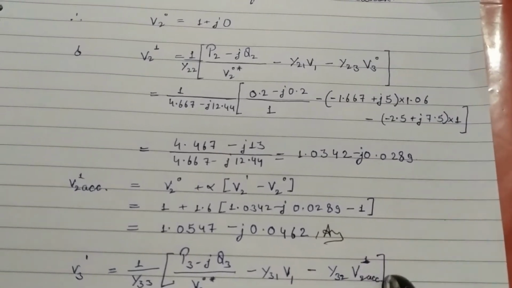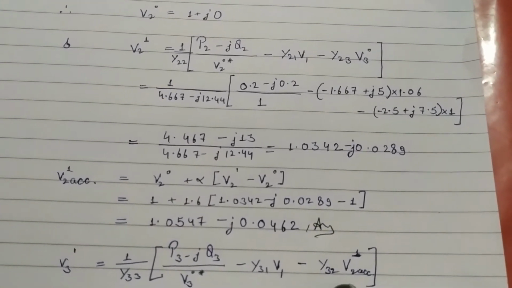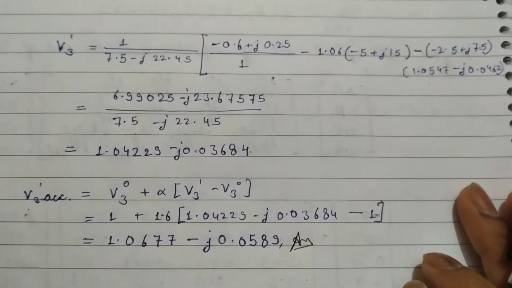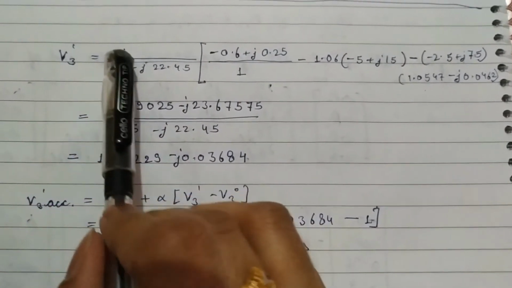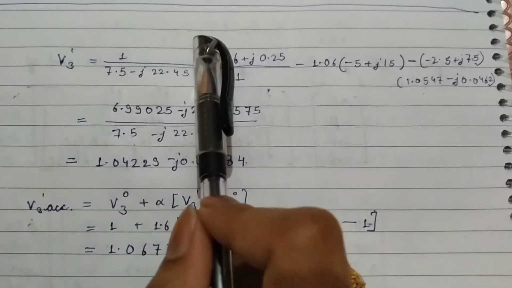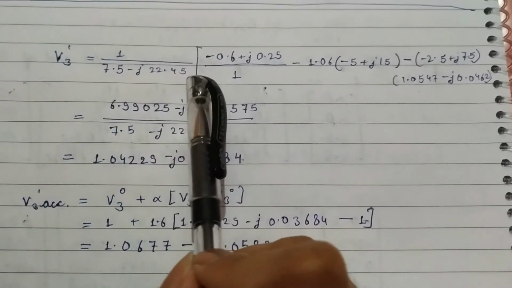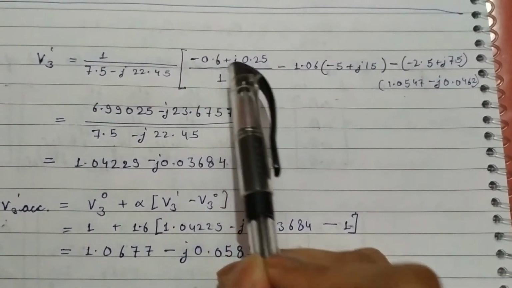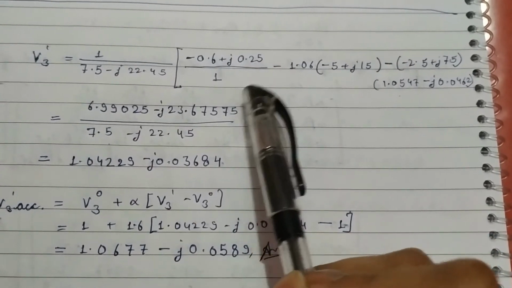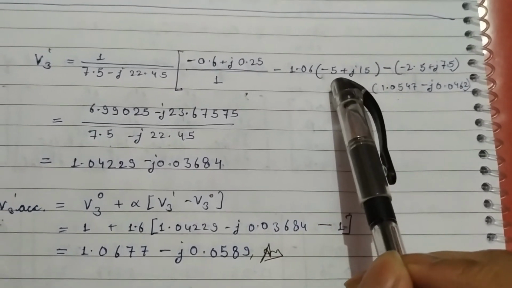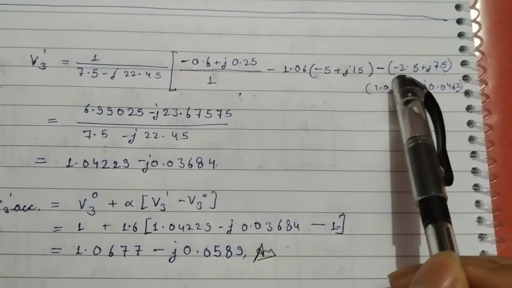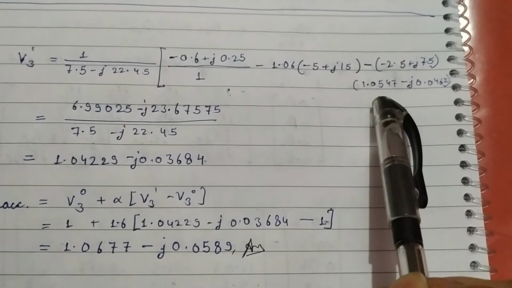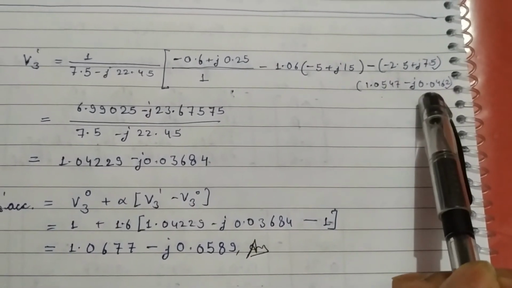At this point we will put the updated value of V2, that is V2 accelerated 1. So we put all the values in the formula. We get V3^1 equal to 1 by (7.5 minus j 22.45) times ((minus 0.6 plus j 0.25) by 1 minus 1.06 into (minus 5 plus j 15) minus (minus 2.5 plus j 7.5) into (1.0547 minus j 0.0462)).